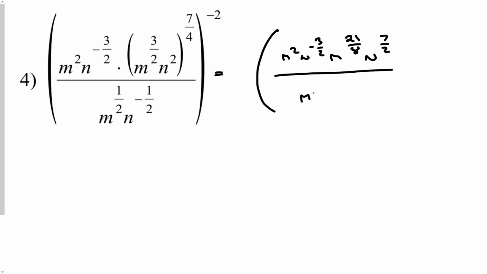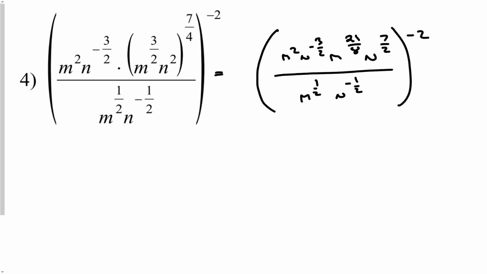Bottom, m to the 1/2, n to the -1/2. And parentheses, all raised to the -2 power.